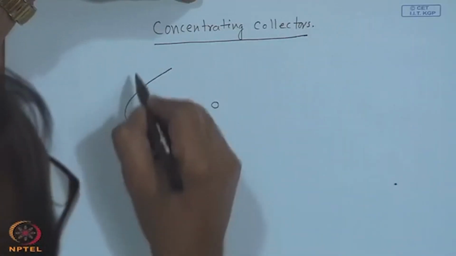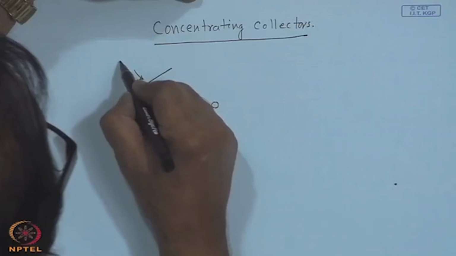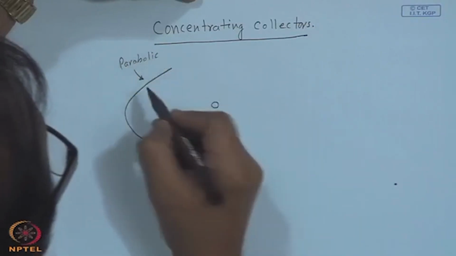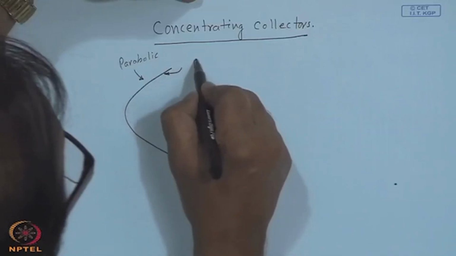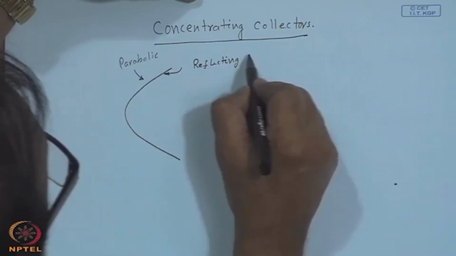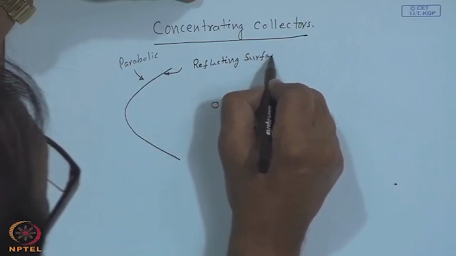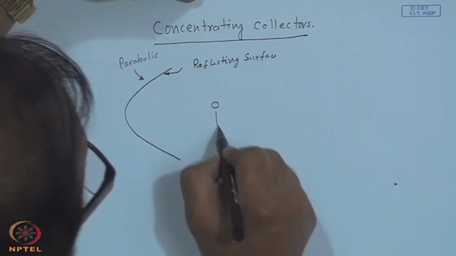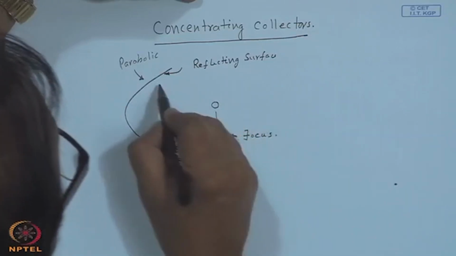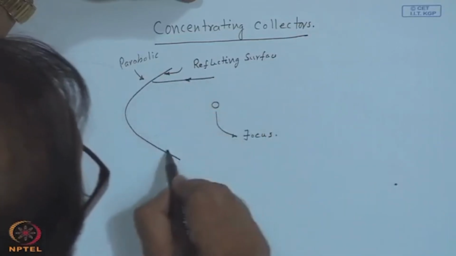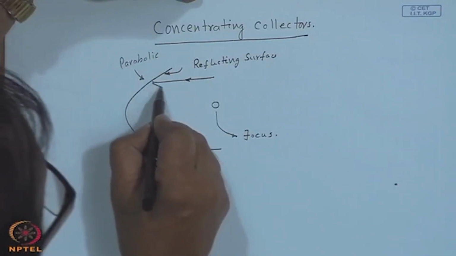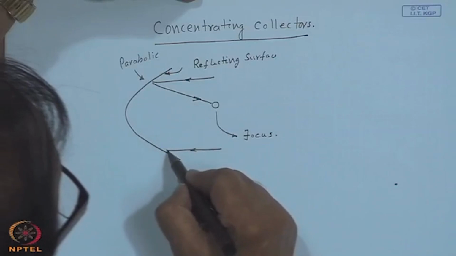Suppose I have a parabola, this is a reflecting surface, and this is the focal point. So, all the rays falling on the reflector will be reflected onto this.